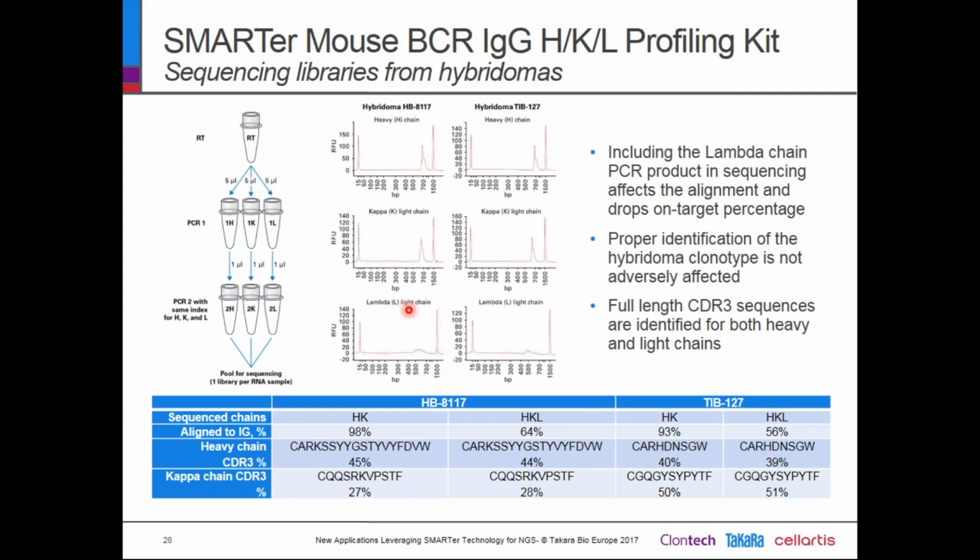If we include the lambda library, which as you can see does not have many reads, we decrease the percentage of reads on target, but we are still able to identify accurately the CDR3 sequences. It's the same for this other hybridoma. So the identification of the clonotype won't be adversely affected.